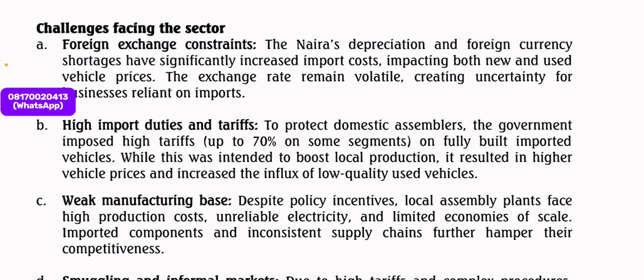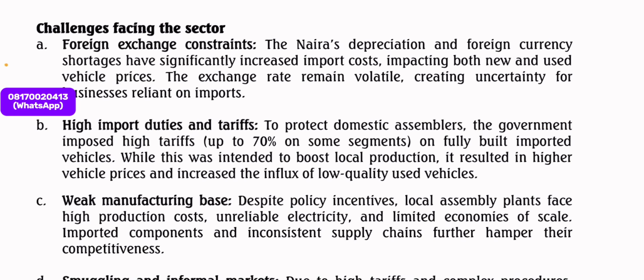Then we have high import duties and tariffs. You understand? To protect domestic assemblers, like, I hope I'm getting the name right, Innoson Motors, I think they produce locally. To protect those kinds of people, government imposes high tariffs on fully built imported vehicles.